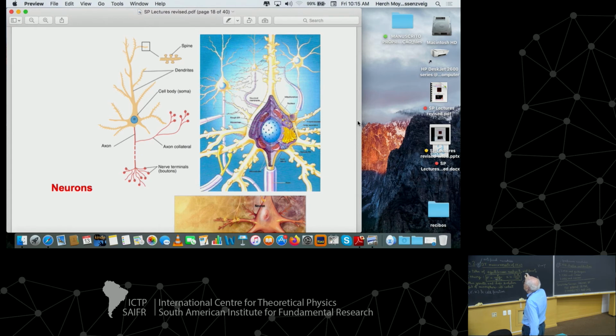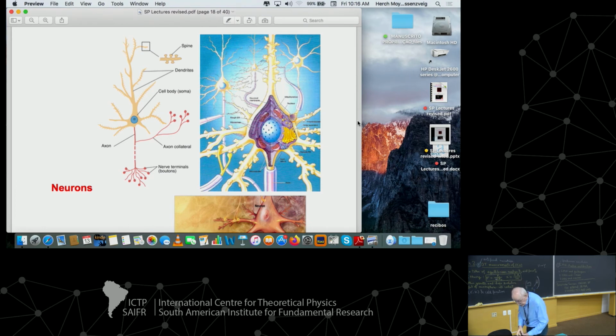You see all this in a magnified drawing. Here is the cell body with the nucleus and several internal structures. And you can see the extension here of the dendrites. Here they're connecting two different nerve cells. And here is the beginning of the axon, which would go well below here.